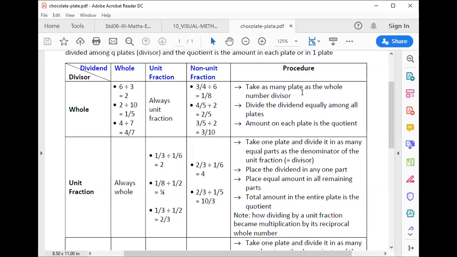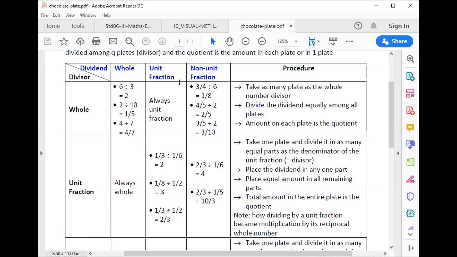And then in the next case, we have given you different situations. So notice how, when you are dividing a whole number by a whole number, the quotient can be a whole number, it can be a unit fraction, it can be a non-unit fraction.